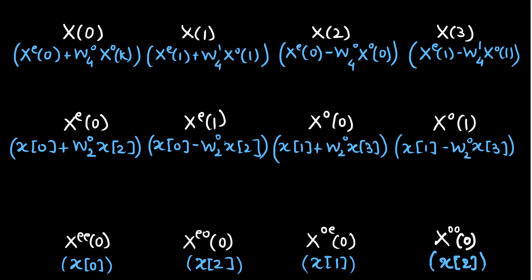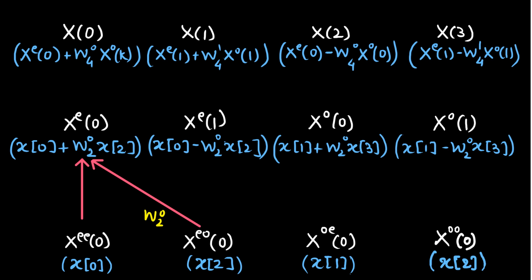So this factor and this factor are used for calculation of this even component here, and we can see that we have an additional scaling factor of w2 to the power 0.